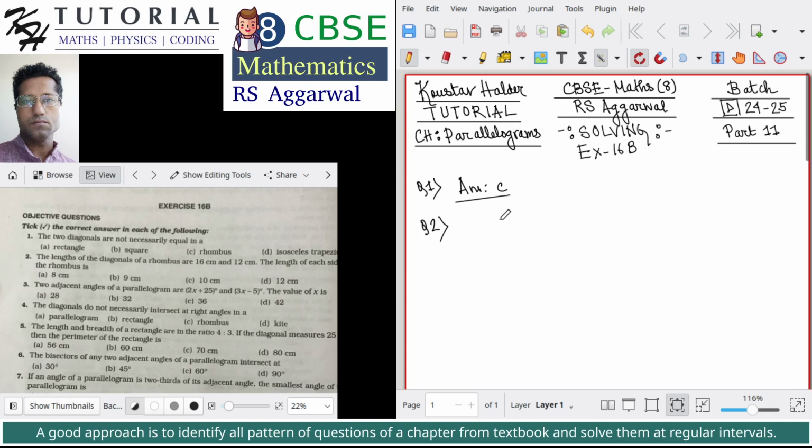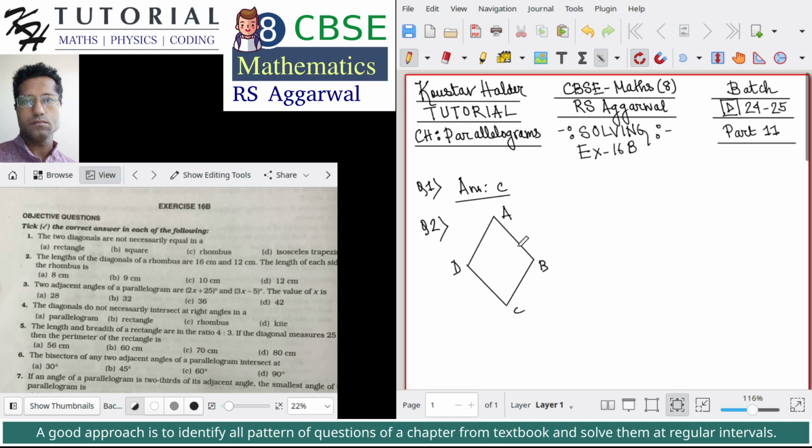So basically the concept is in a rhombus. Let's say the rhombus is something like this. So let's say ABCD is the rhombus. The diagonals are of unequal length.